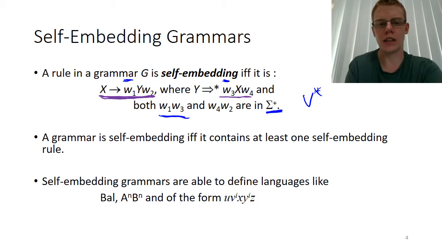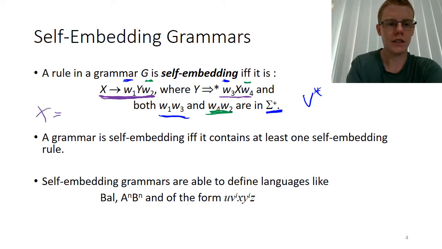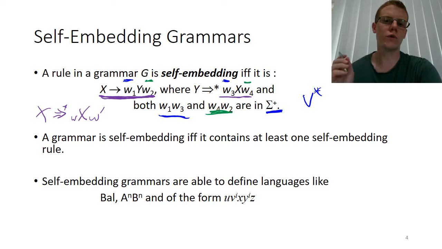And again, the bit that goes at the end, W2 and W4 concatenated, has to be a non-empty string made up of input symbols. So what a self-embedding rule eventually does is turn X into something where we have a string followed by X followed by another string. So the rule embeds itself into terminal symbols.